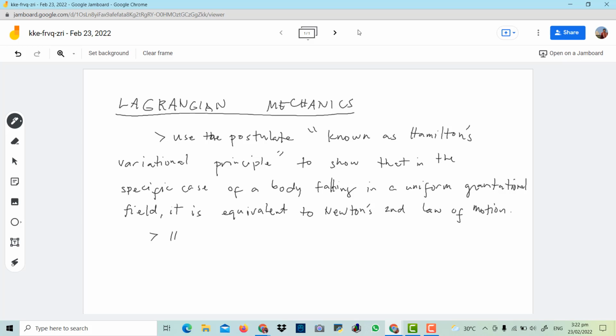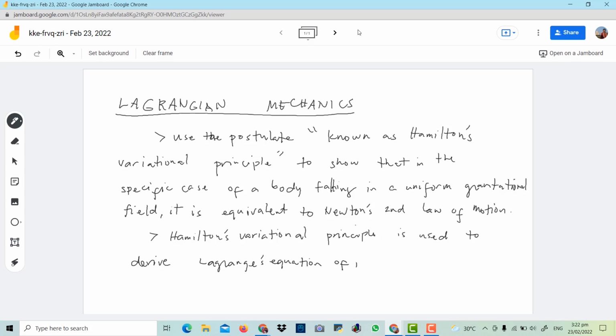Okay, Hamilton's variational principle. Again, sa math, note getting variational principle sa math is used, take note, to derive the so-called Lagrange equation of motion.